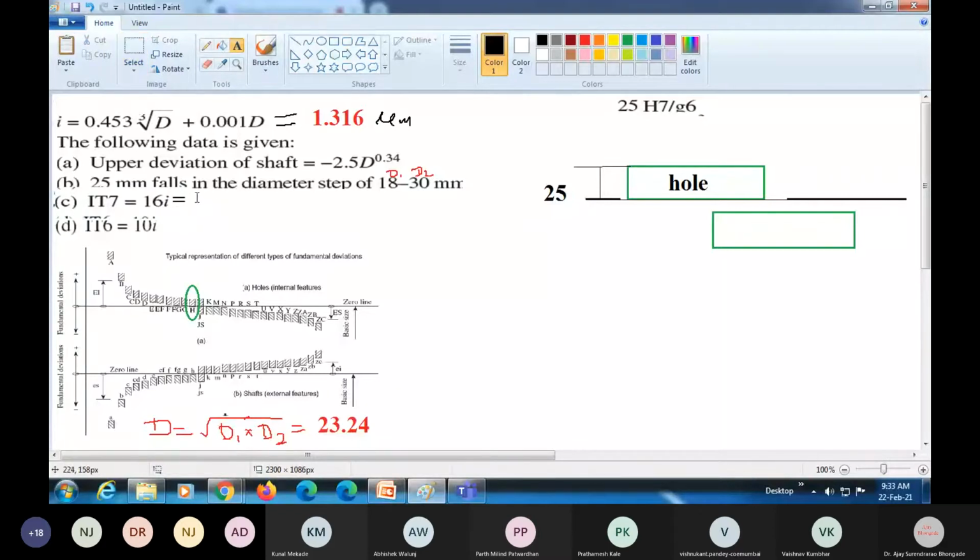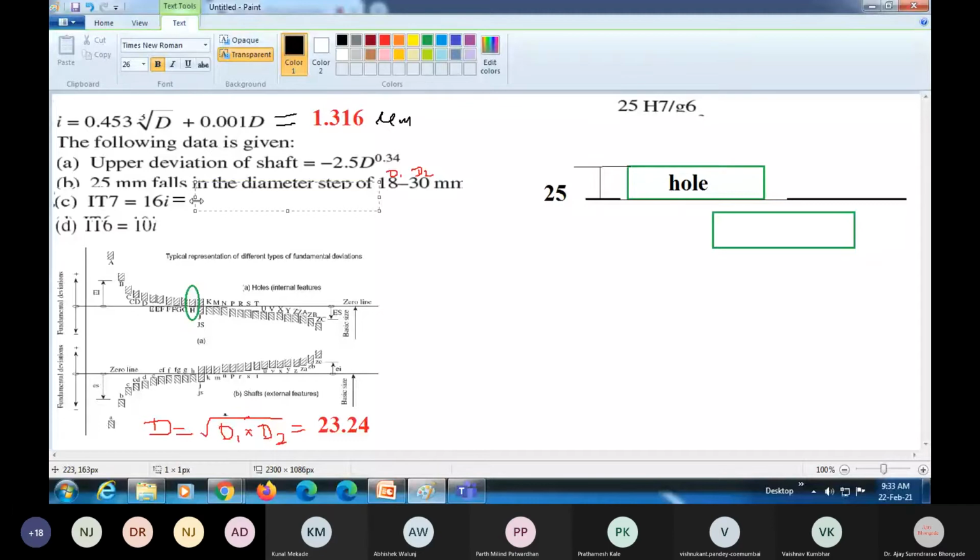It is 16 into I. What is the value of that? 16 into I. Sir, 21.1. 21.1, right?